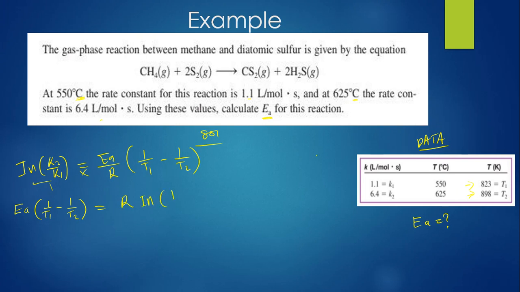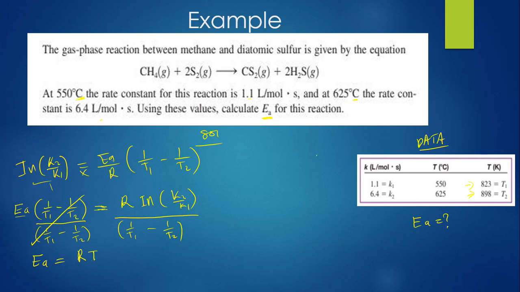And then here you want to remain with the activation energy, so you say over 1 over T1 minus 1 over T2. Then you cancel here.